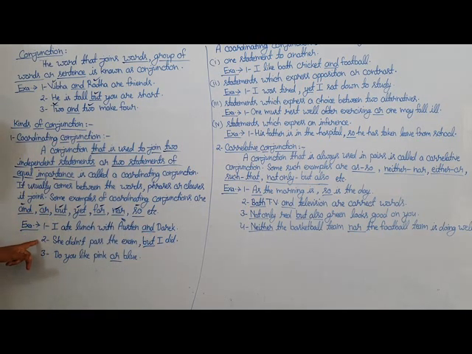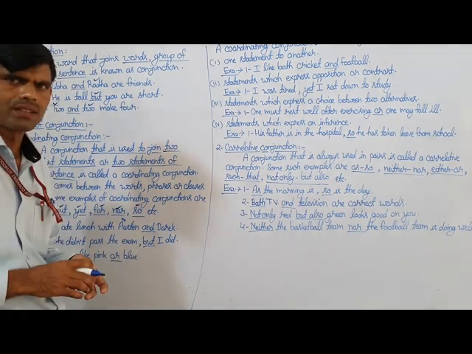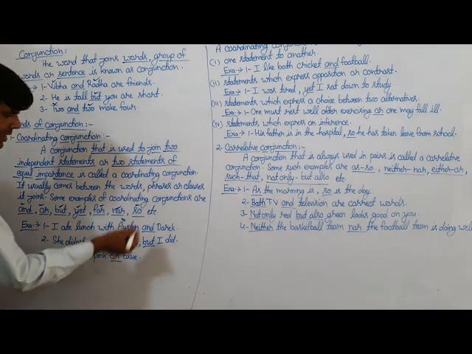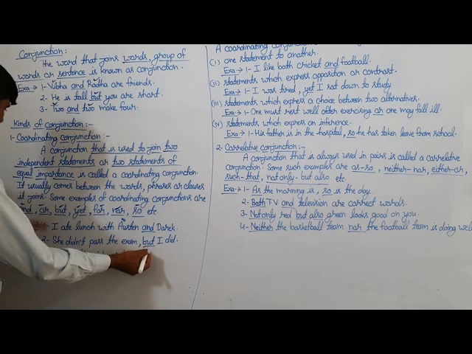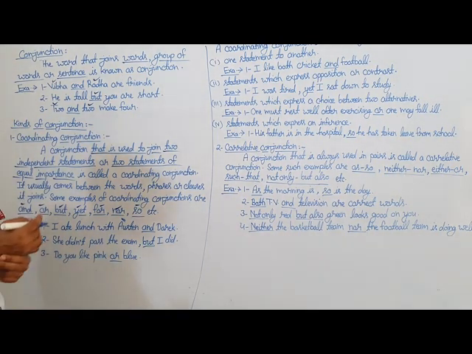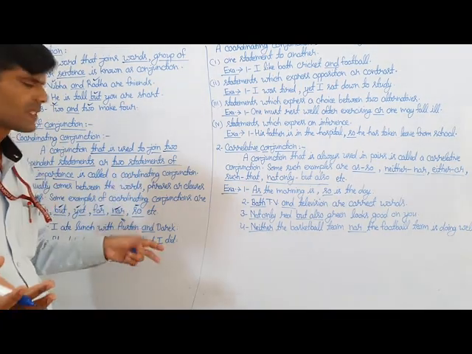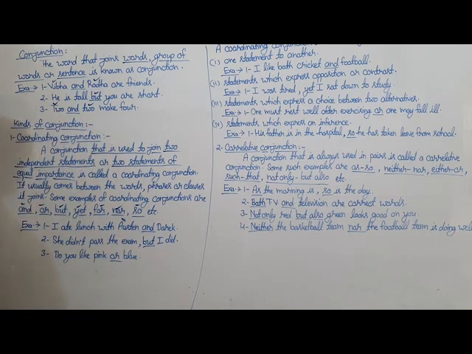Here is the second example: She didn't pass the exam but I did. Here the underlined word "but" is a coordinating conjunction, and it is used to show the sense of contrast or opposition of something. So it is also counted as coordinating conjunction.